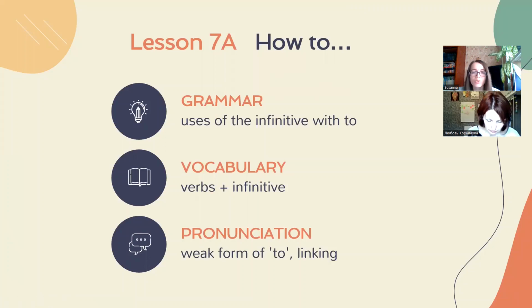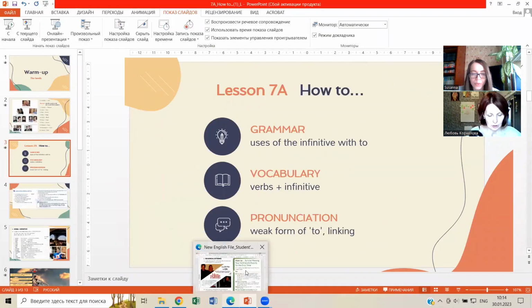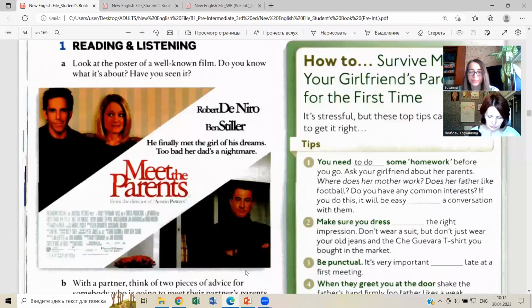In today's lesson, we will focus on grammar. We will talk about the uses of the infinitive with to, when we use it and how to use it. Please open your student's book, page 52.